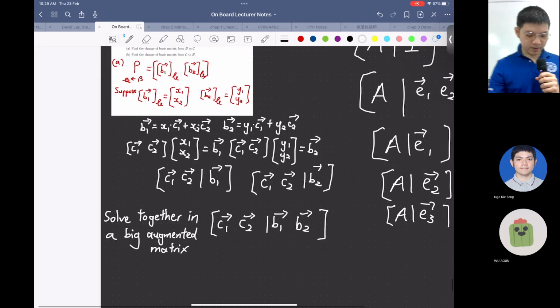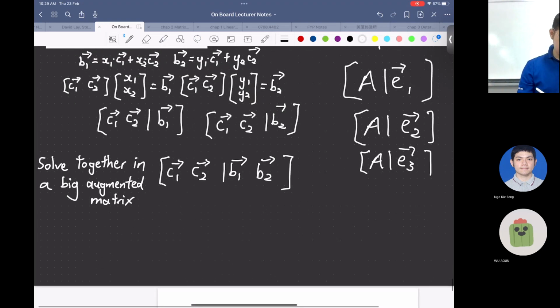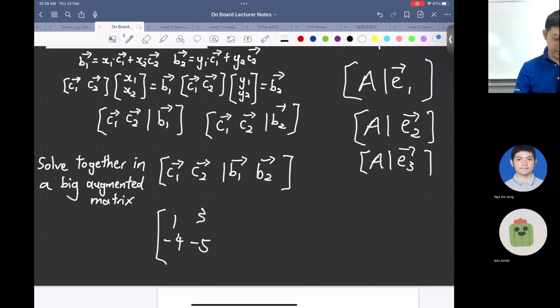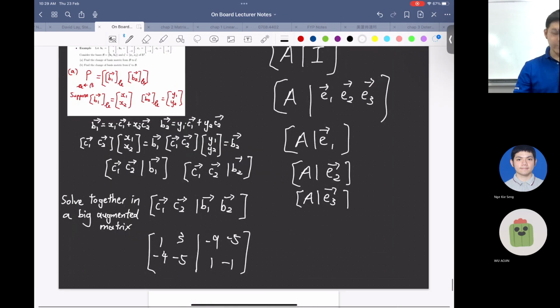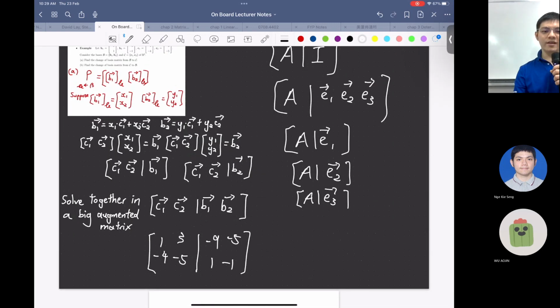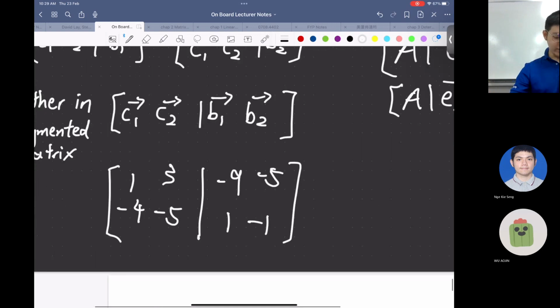Okay, so how to do this? Let us put the C1, C2 back. C1 is 1, minus 4, C2 is 3, minus 5. B1 is minus 9, 1, and B2 is minus 5, minus 1. I'll let you try. 2 minutes, solve for me.